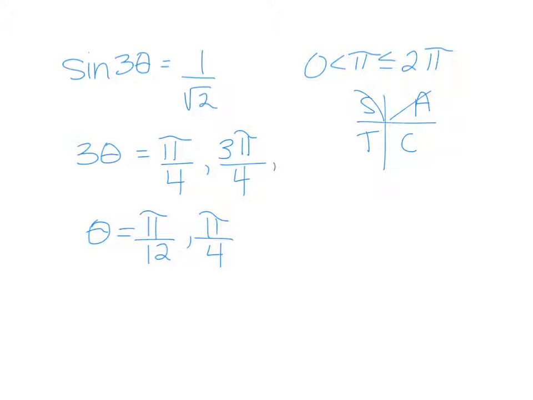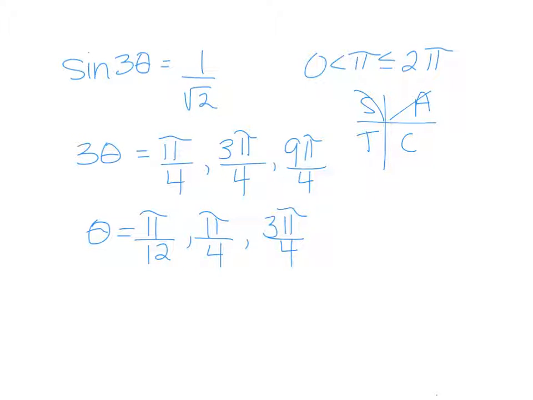So from pi over 4, if you go all the way around again, 9 pi over 4 would be another one. But what is 9 pi over 4 if we divide it by 3? Three pi over 4. That one's still good, 3 pi over 4, because it's still between 0 and 2 pi.